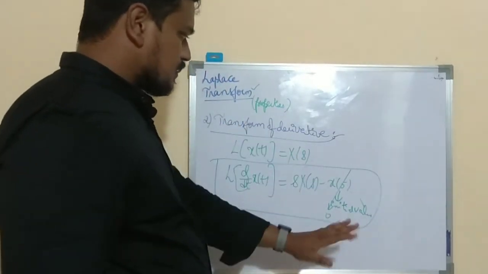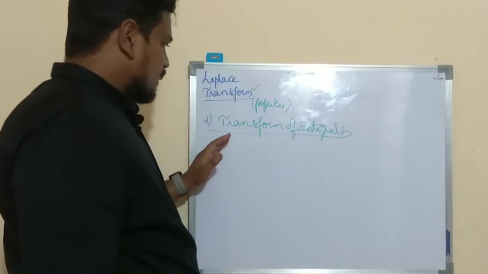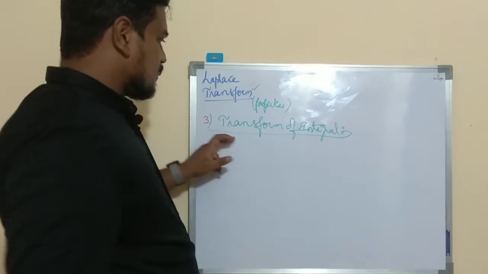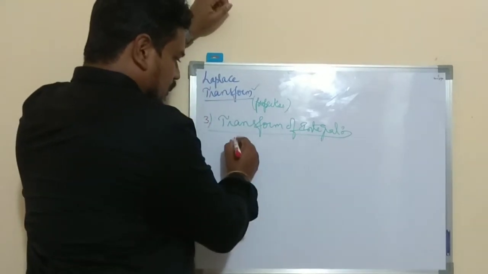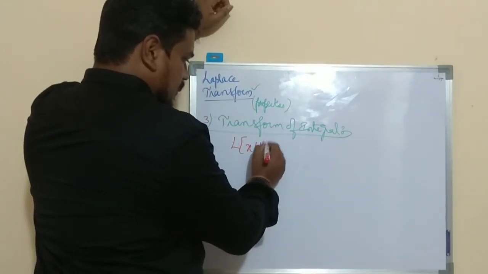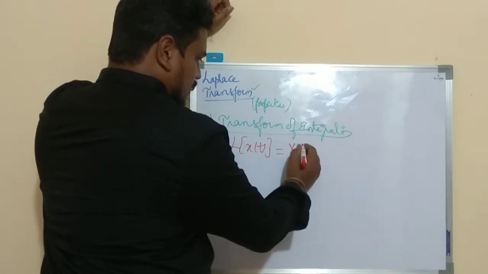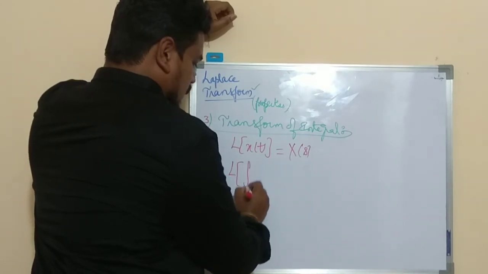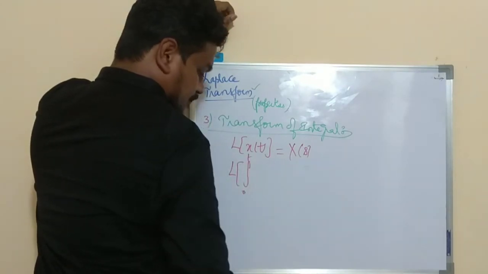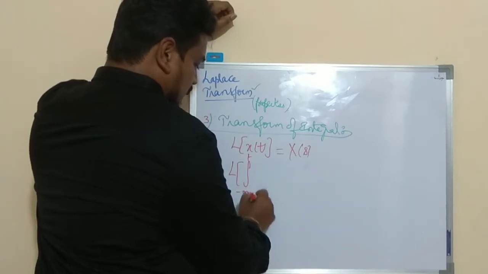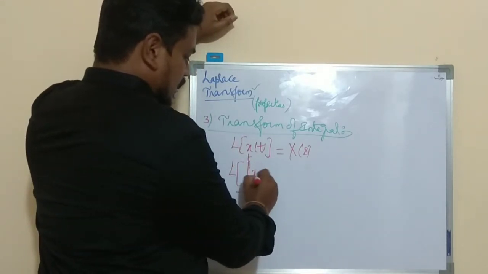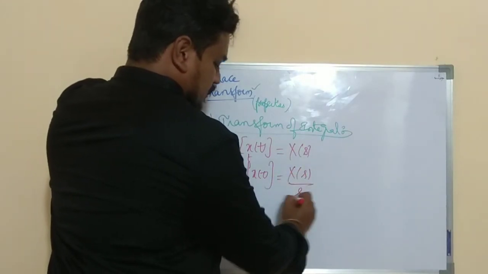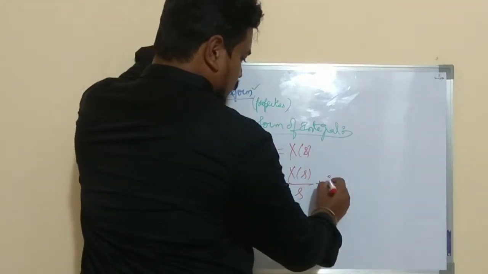This is the transform of derivative. The third property is transform of integral. We already know that the Laplace transform of x(t) is X(s). Then the Laplace transform of the integral from 0 to t, and of course this can be from minus infinity also, of x(t) will be equal to X(s)/s plus initial value.